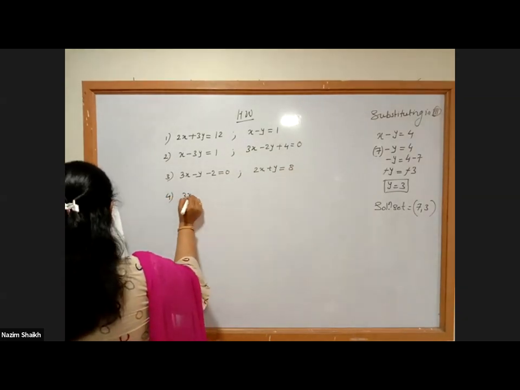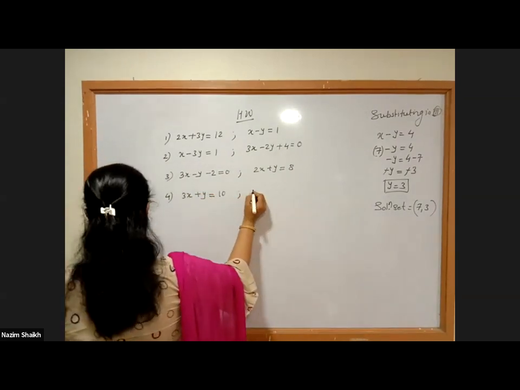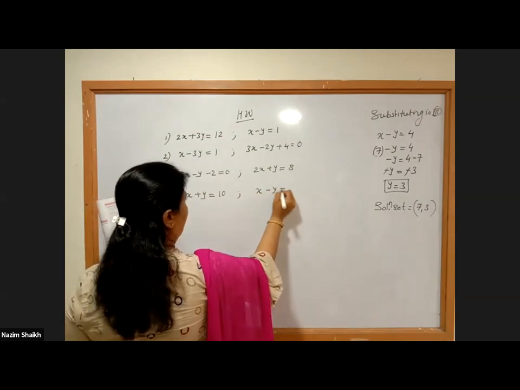And fourth one, 3x plus y is equal to 10. x minus y is equal to 2.